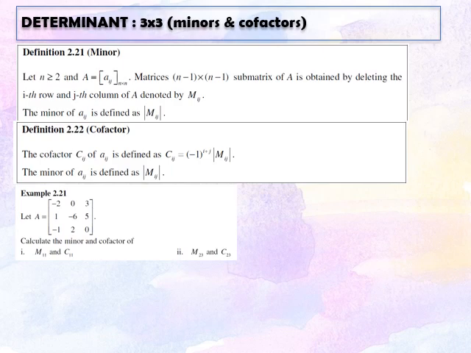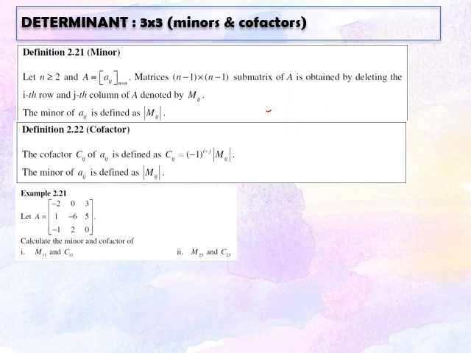So what is a minor actually? I'll go straight away. If you want to find M11, for example, we will delete row 1 and column 1.